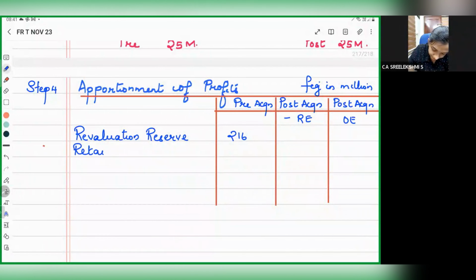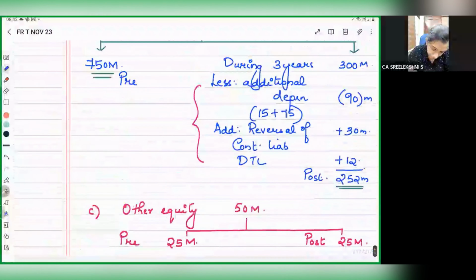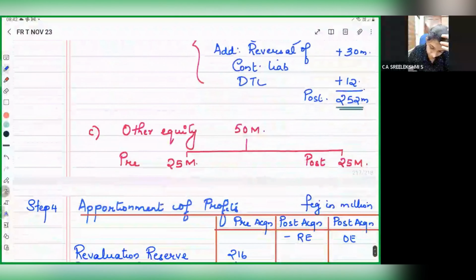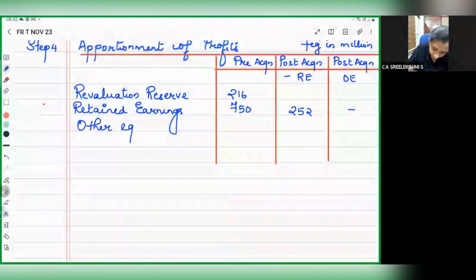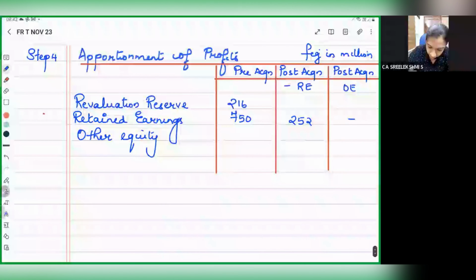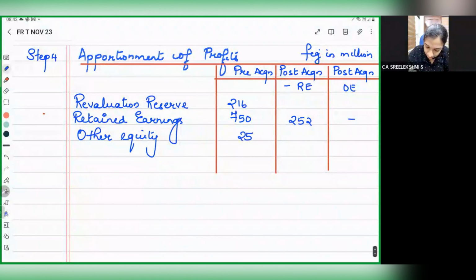Retained earnings. 750 pre-acquisition and post-acquisition 252. Retained earnings 252. Other equity 25 million and 25 million.